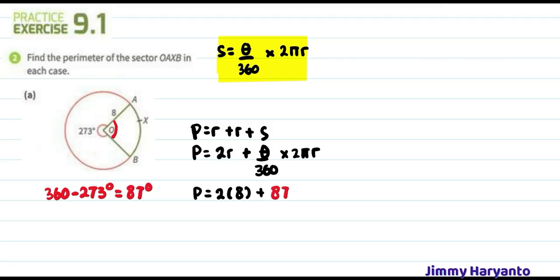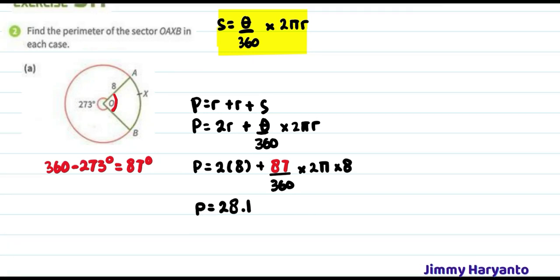So 87 over 360 times 2 pi times the radius, which is 8, and the final answer is 28.1. The question didn't say it's in centimeters, by the way, so just 28.1. This is the final answer.